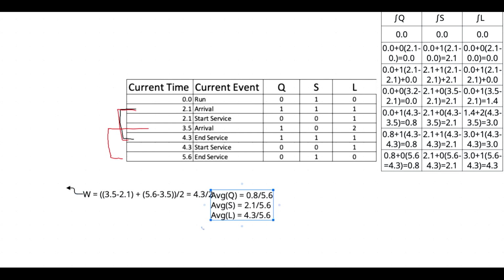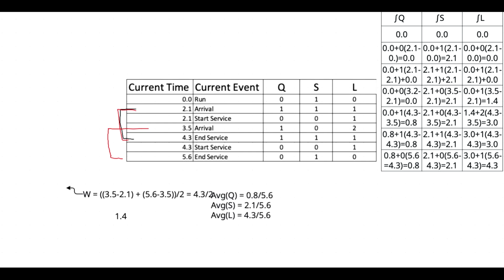It should be 3.5 over 2, shouldn't it? Well, let's see. Okay, this is 1.4. Oops. And then this one is 2. For the first one, shouldn't it start at 4.3? 4.3 minus 2.1? Should it start at 4.3?